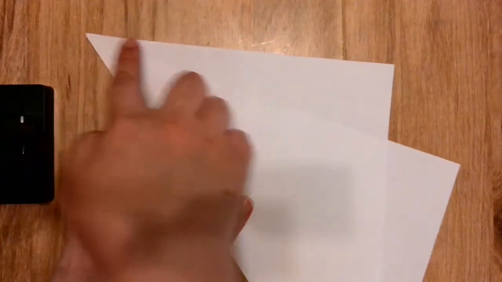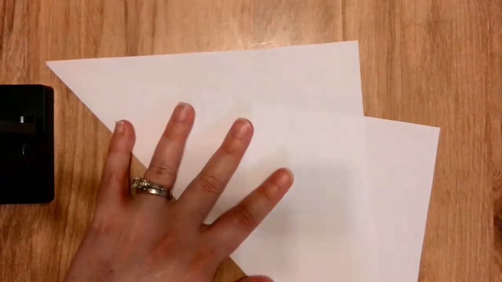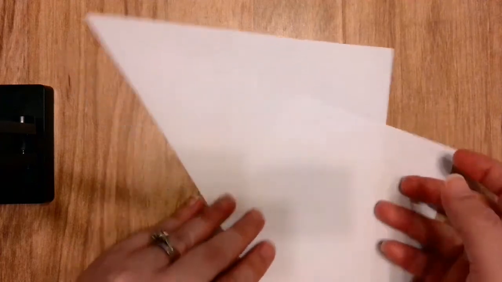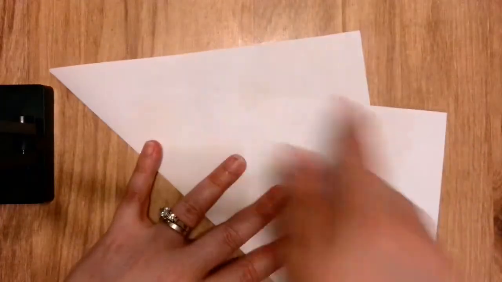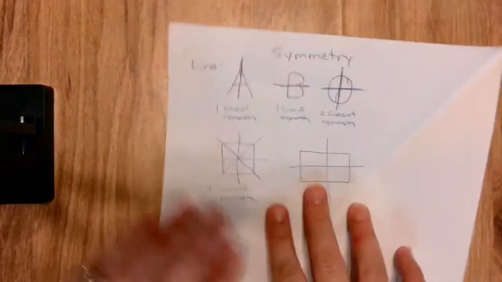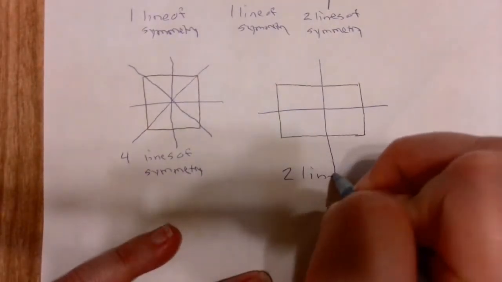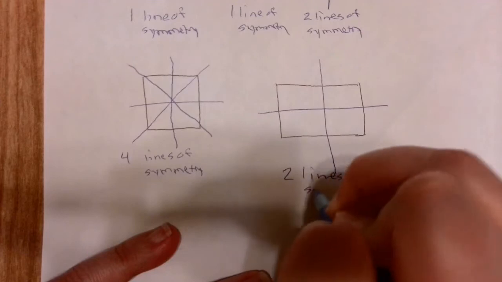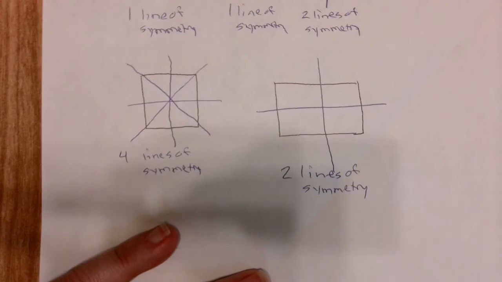But you see what happens? This is kind of left over and this is kind of left over. They don't line up. That means that the diagonal is not a line of symmetry because these don't line up. In order to be a line of symmetry, they have to line up, they have to match perfectly. So the rectangle has two lines of symmetry. But only two.